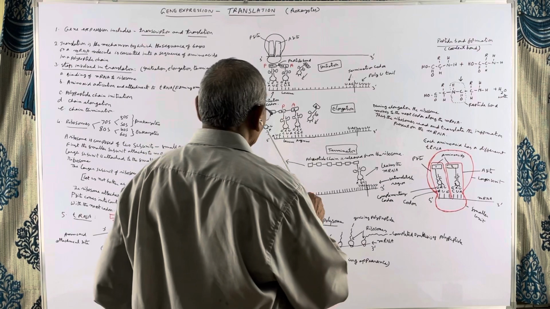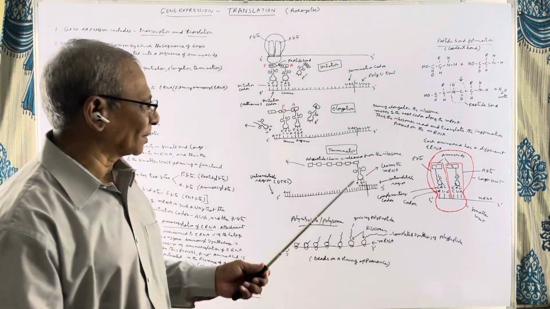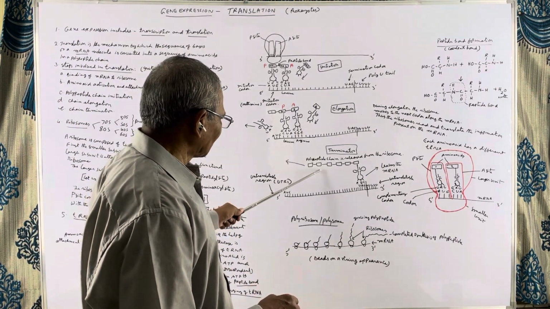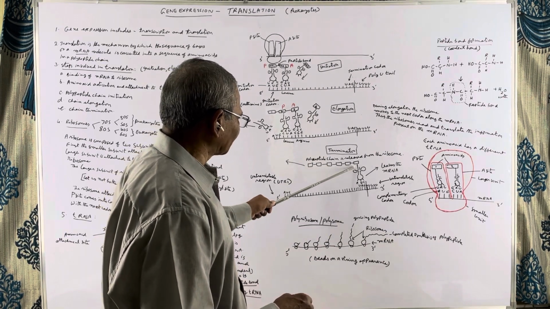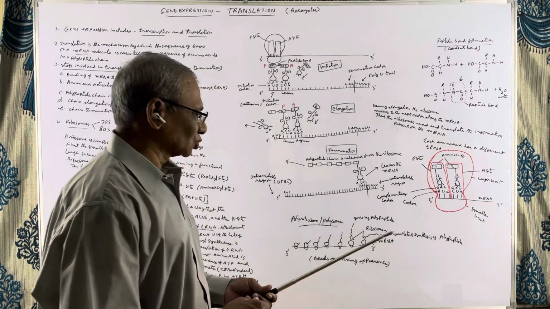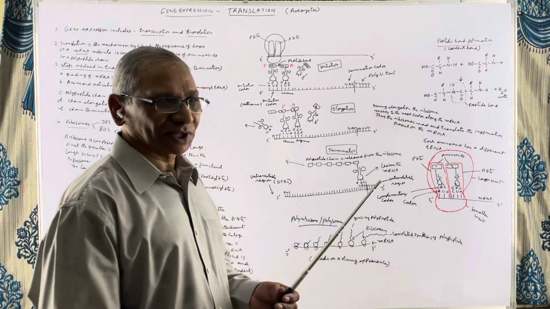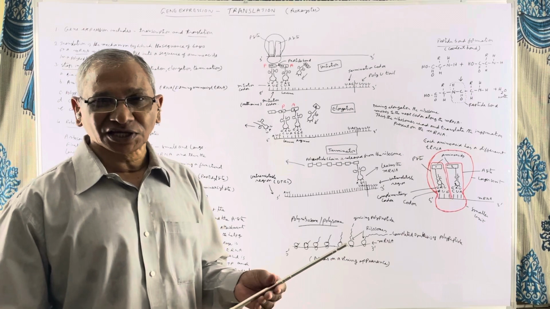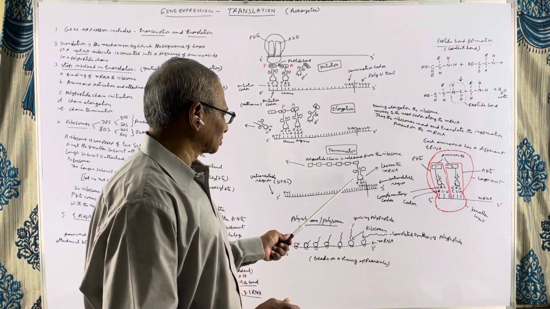Like that, the ribosome moves throughout the entire length of the mRNA. As it moves, amino acids are being added and a protein or a polypeptide is formed here. And when the ribosome encounters the termination codons, you know they are UAA, UAG, UGA, the translation process comes to an end.